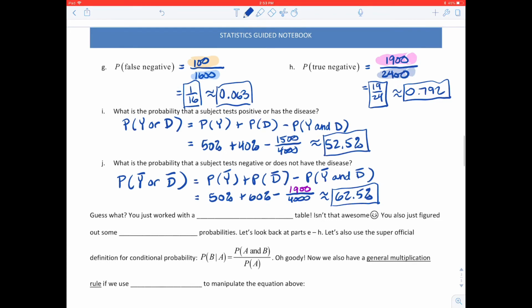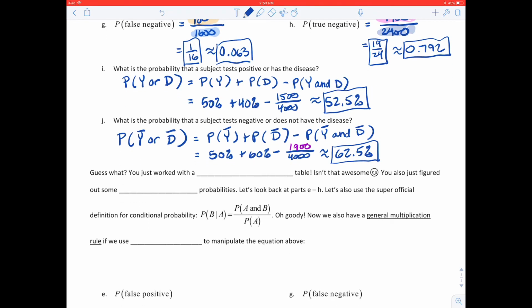Alrighty, guess what? You just worked with a contingency table. Isn't that awesome? You also just figured out some conditional probabilities.